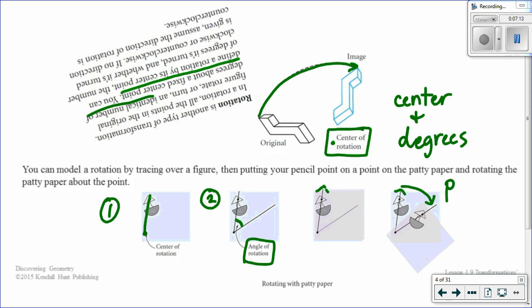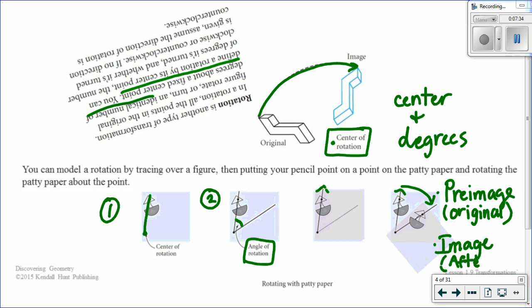Sometimes the original is called the pre-image, and the second one is called the image. So after you transform that pre-image, that's going to be called your image. Or you could think of it as your before and after. Pre-image is your before, image is your after.